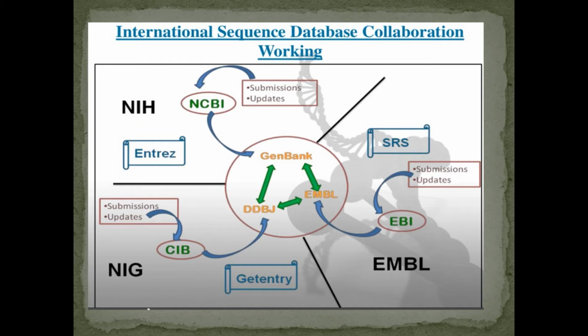And then finally NIG, which is maintained by CIB, which updates and submits the information with the help of CBI, and uses the sequence retrieval system GetEntry.